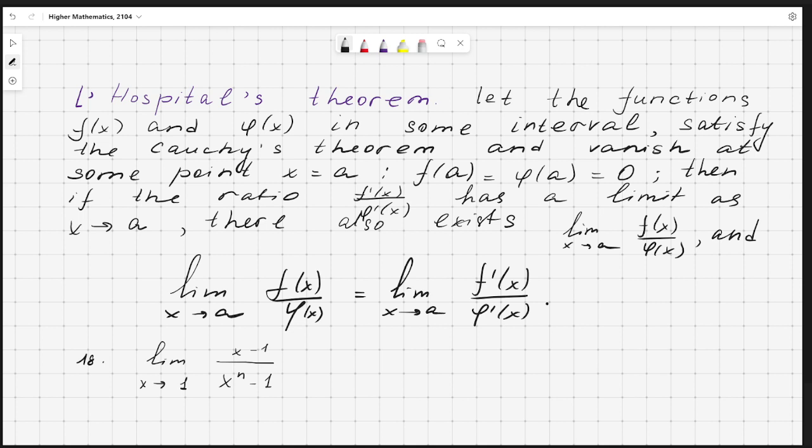Now we have the indeterminate form of the type 0 over 0. We can write it in this way.